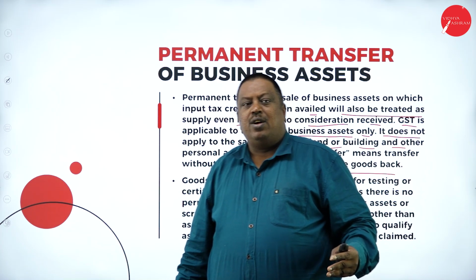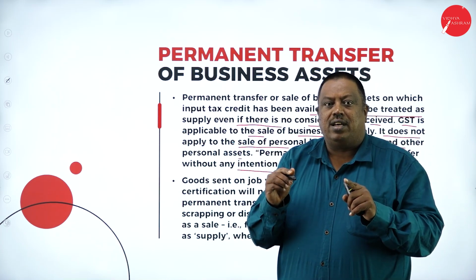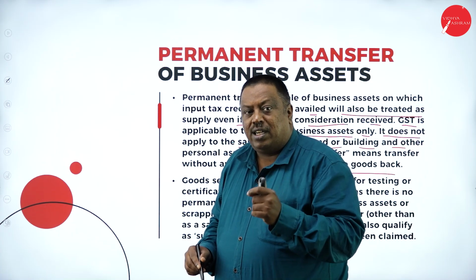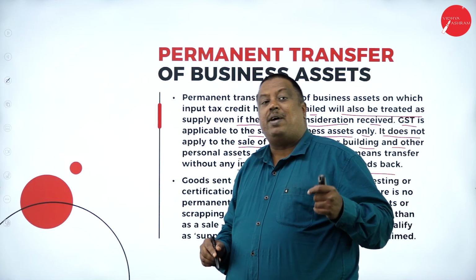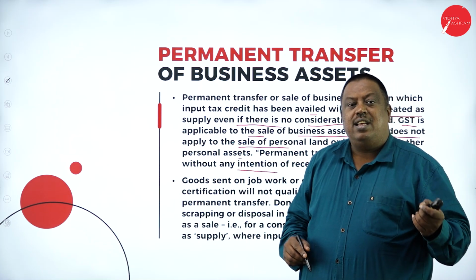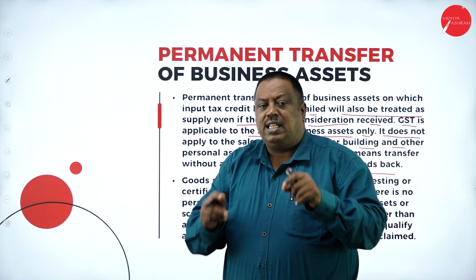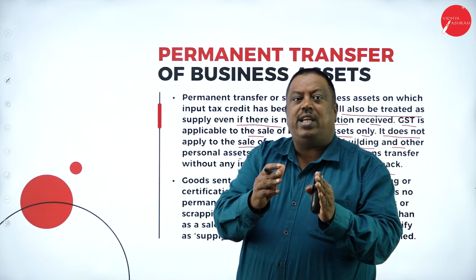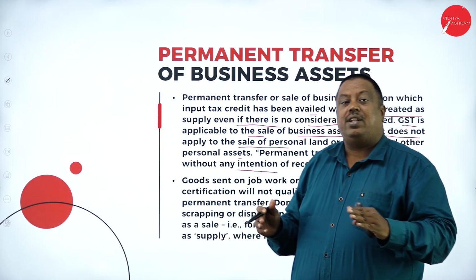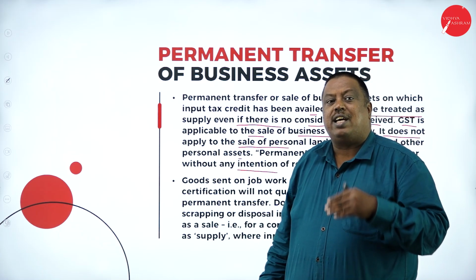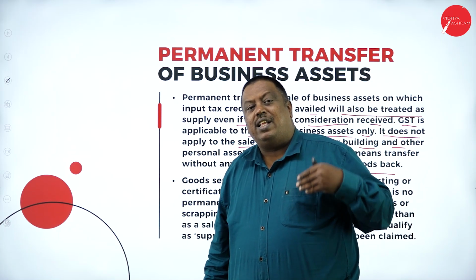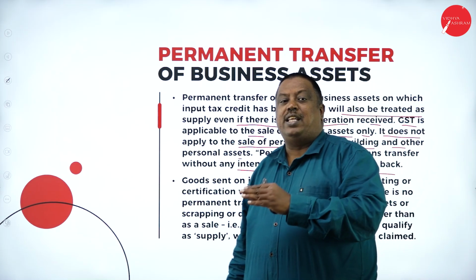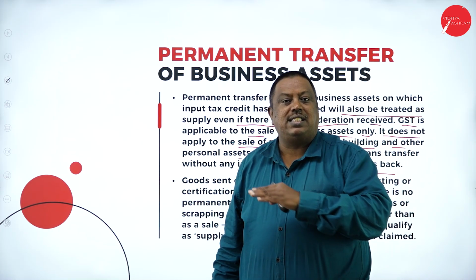For example, the switchboard will be made by the job worker based on the instruction given by the main person, the manufacturer. He says that these are the number of switches I require in this sheet, and the job worker completes the work according to the instruction or direction given. When the work has been allotted, the job worker will complete it and send back the goods. So that cannot be treated as supply here.